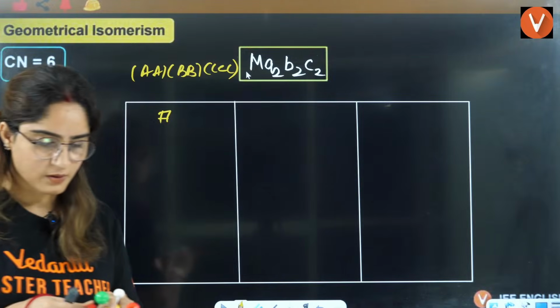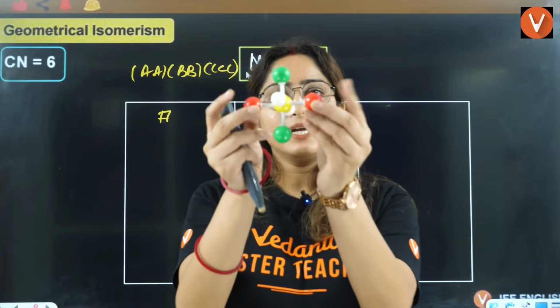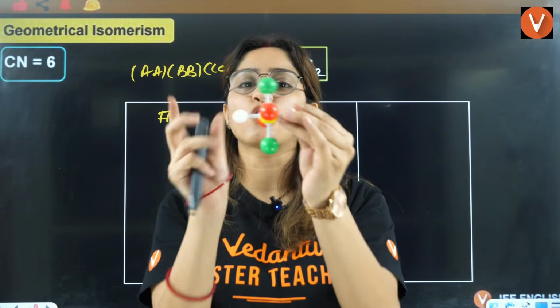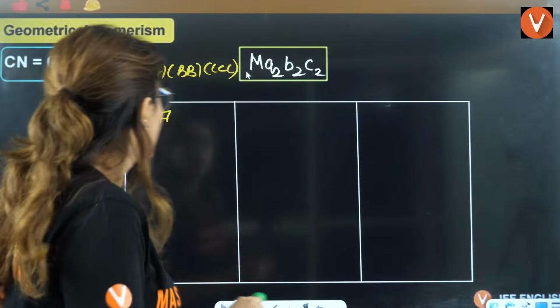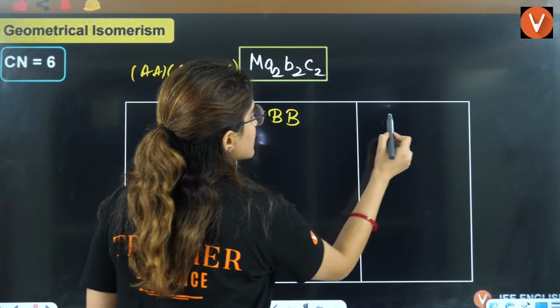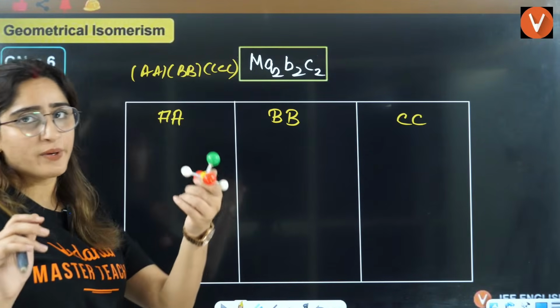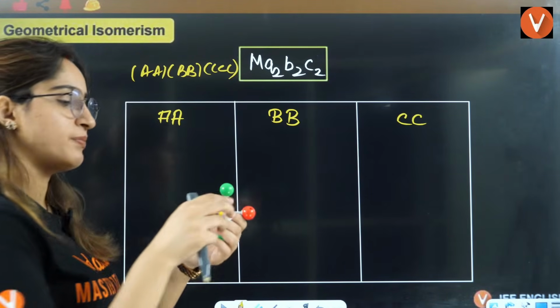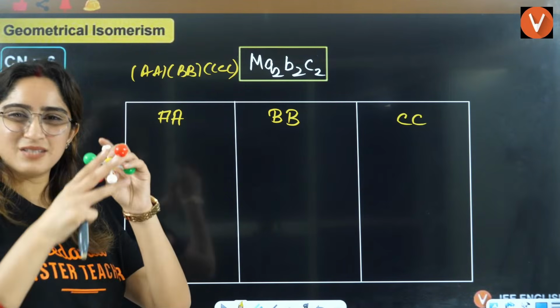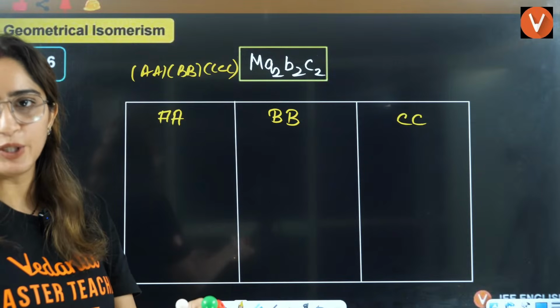A and A is opposite, B and B is opposite, C and C is opposite. So when AA, BB and CC are opposite, there is one geometrical isomerism that you have. Right?